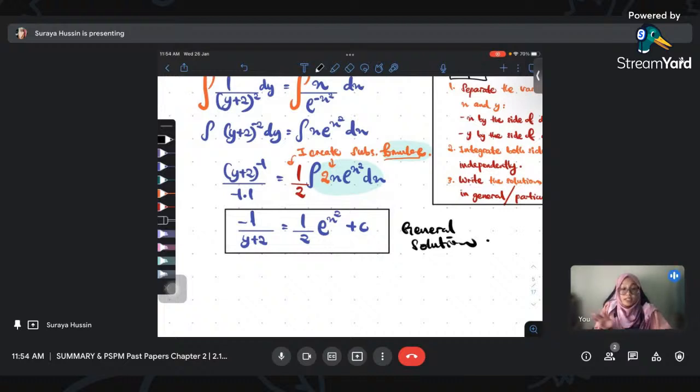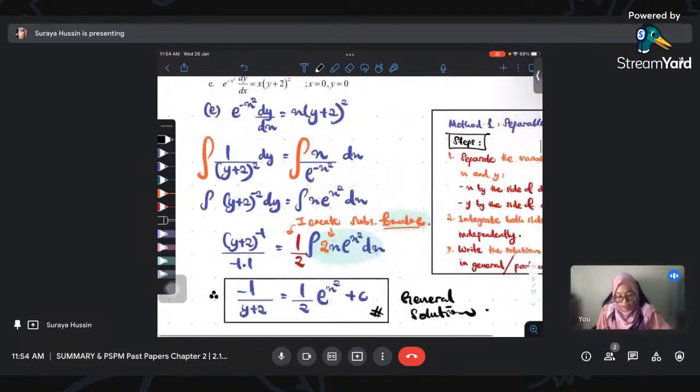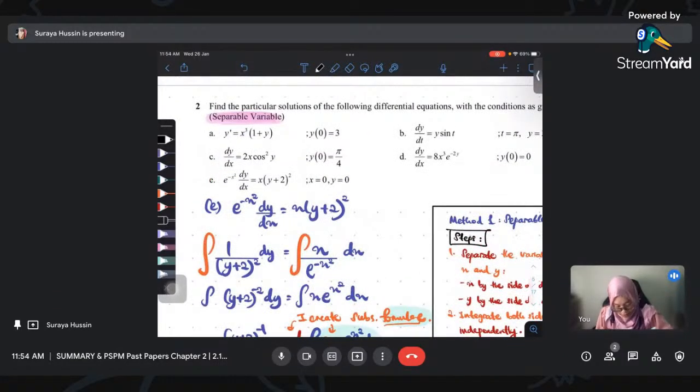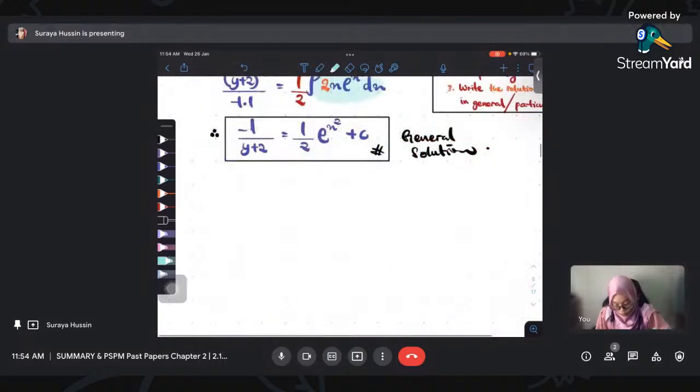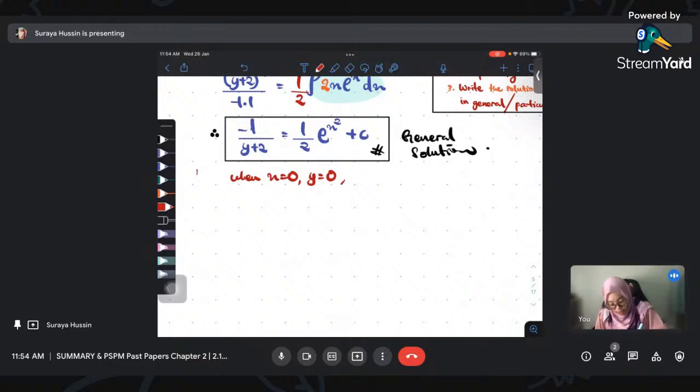Okay, types of solution ada 2. So this is what we call as the general solution. Kalau soalan dia minta just general sahaja, tak apa. Tapi sekarang ni soalan minta particular solution. So particular solution mesti apply the conditions. So when x is 0, y is 0. This is the condition given to you.